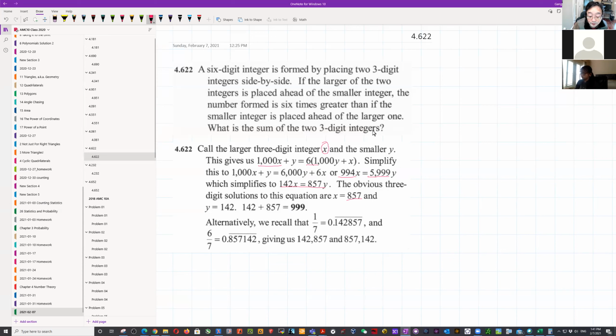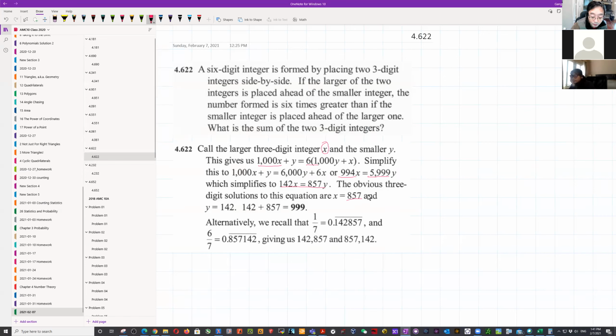That's the only selection, then you are able to add them up. After adding it up, it's going to be 999. So that is the way you can solve this type of problem.